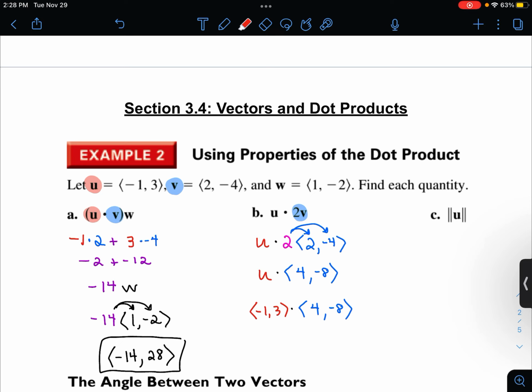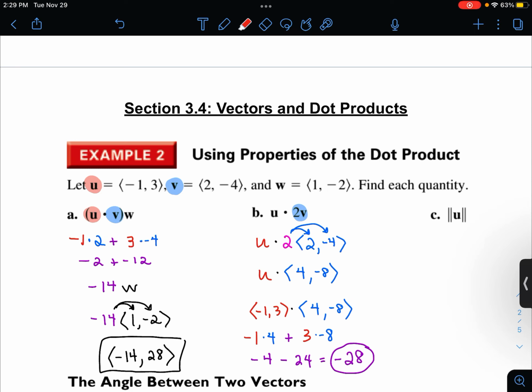So now that I bring in that red vector, I can take my -1 times the 4, the 3 times the -8, and get a new dot product. That will give us -4 minus 24, and its dot product will give us -28.